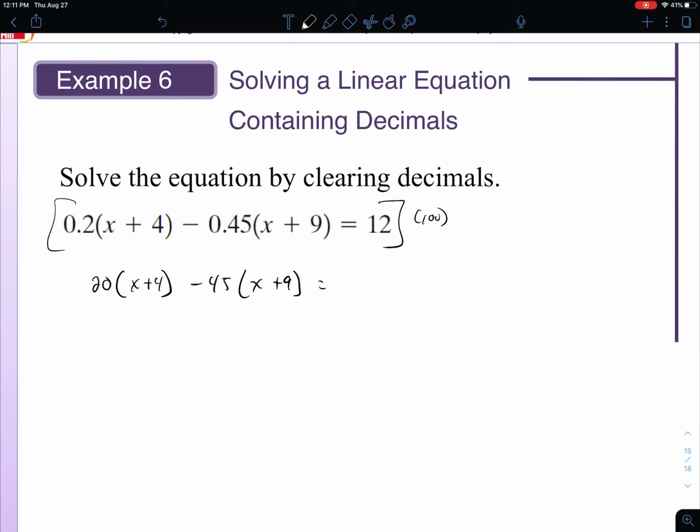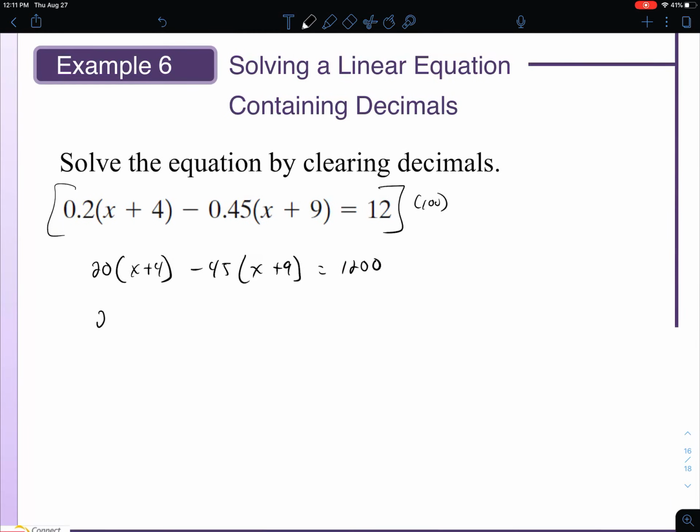And then, of course, 12 times 100 is going to give you 1200, right? So let's distribute this. There's going to be 12x plus 80 minus 45x minus 405, and that's 1200, right?